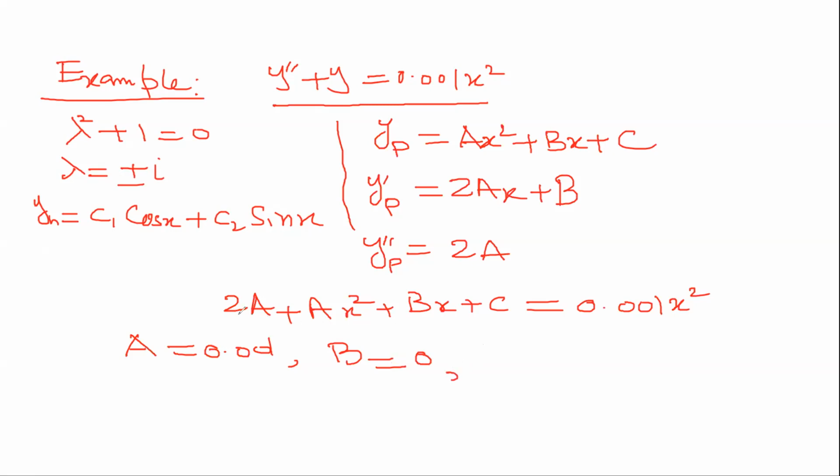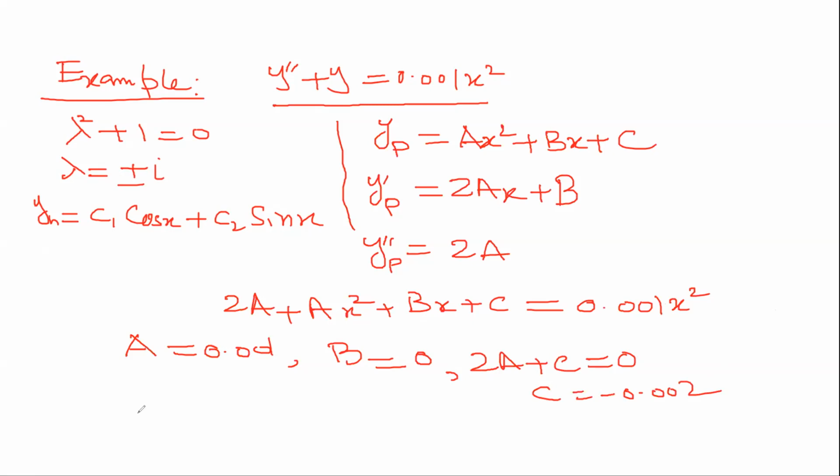For the third one, it is 2A plus C. These are without X values, but there is no term without X value or X power 0 on the right, so this is also equal to 0. From this third equation, because we know that the value of A is 0.001, the value of C will be minus 0.002.